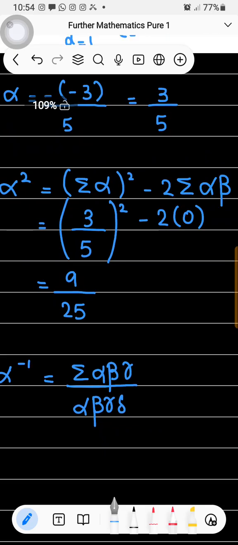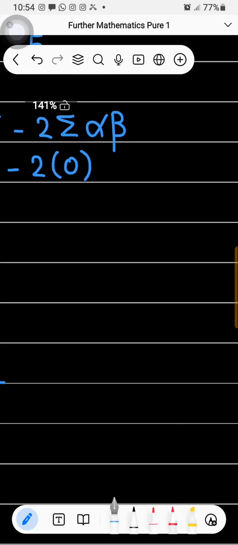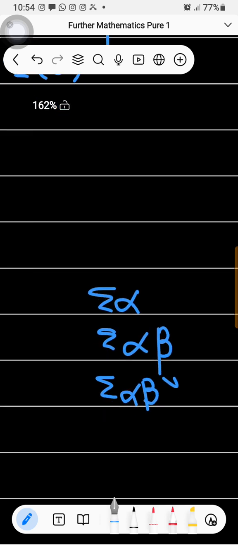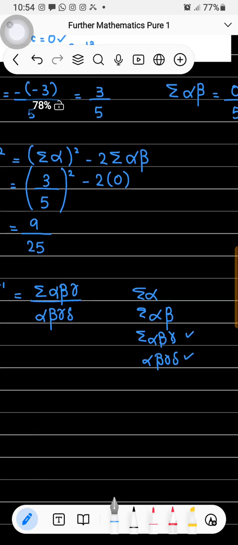Let me tell you the sequence. The first is sum of alpha, second is sum of alpha beta, third is sum of alpha beta gamma, and the last is alpha beta gamma delta. So third last upon last. I think now you got it.